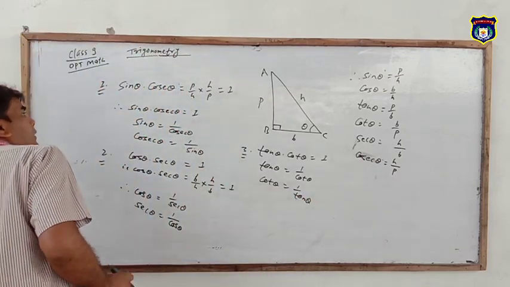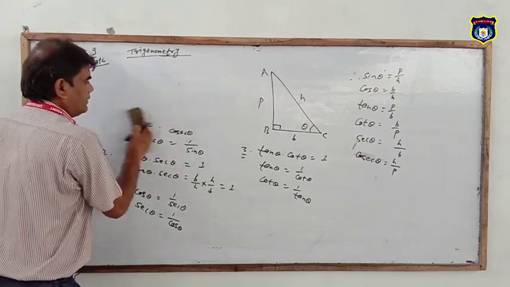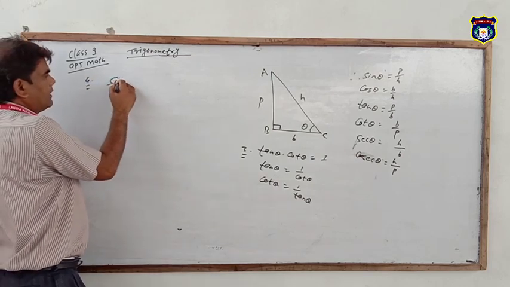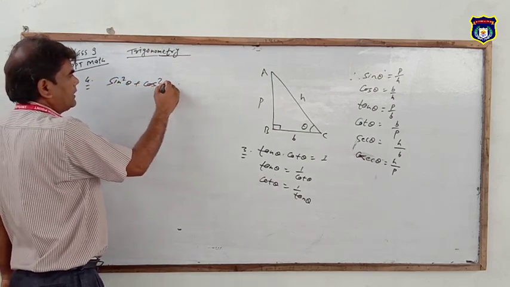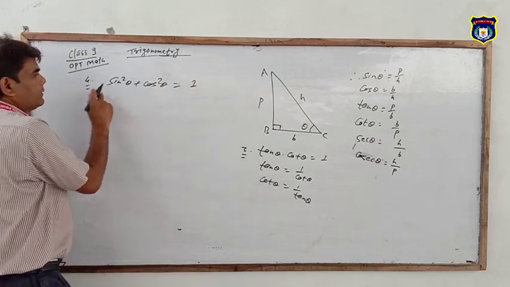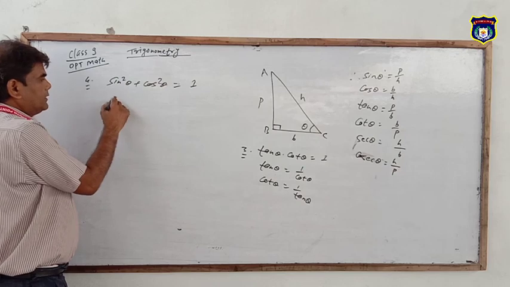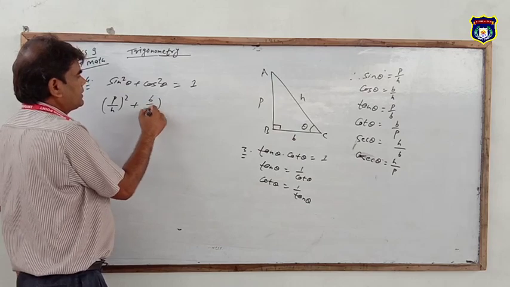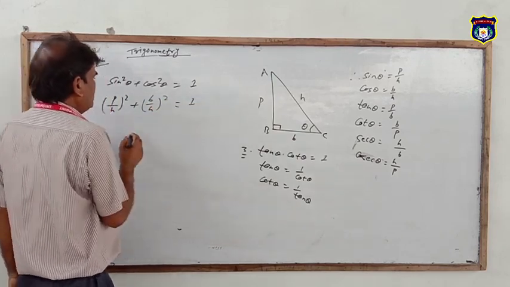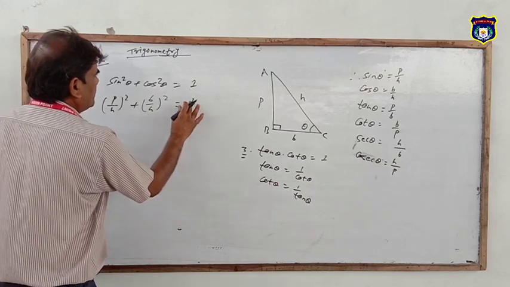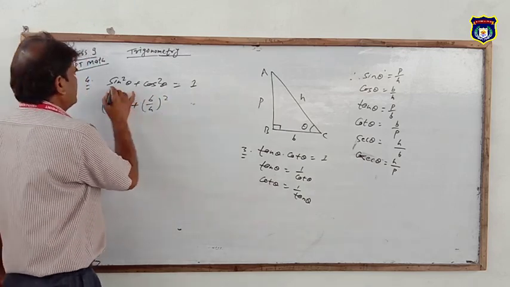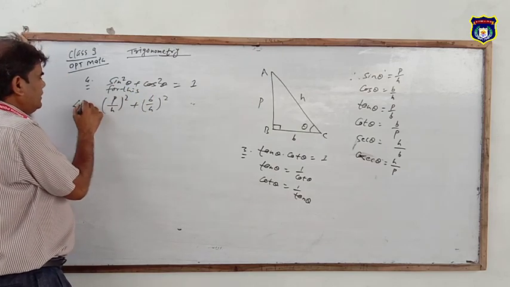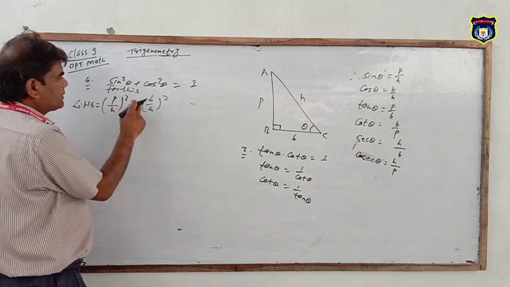And for the next, number 4, sin square theta plus cos square theta is equal to 1. For this, on the LHS, sin square theta is P by H square, cos square theta is B by H square.